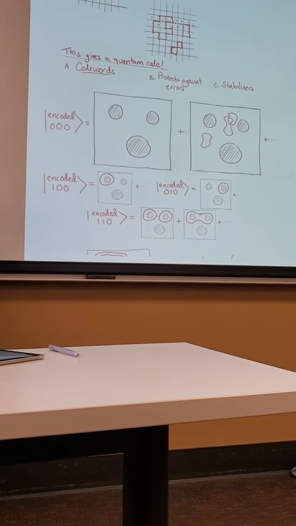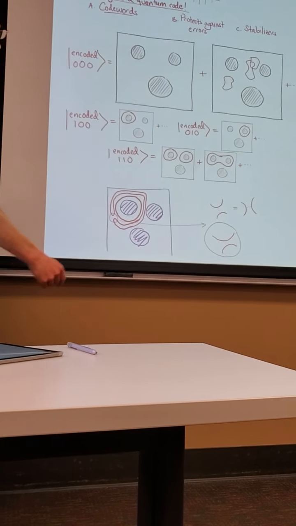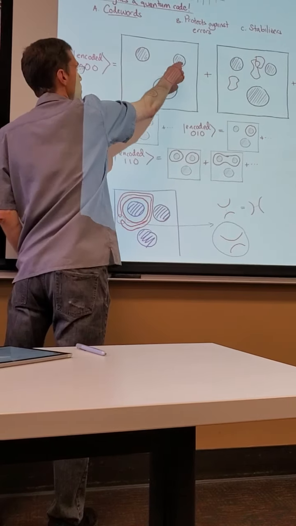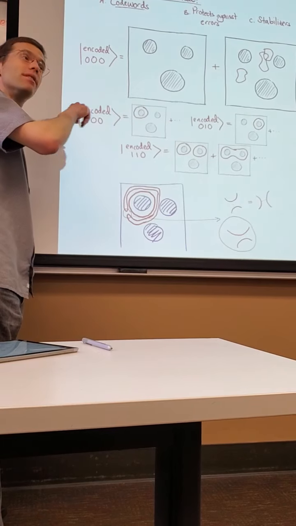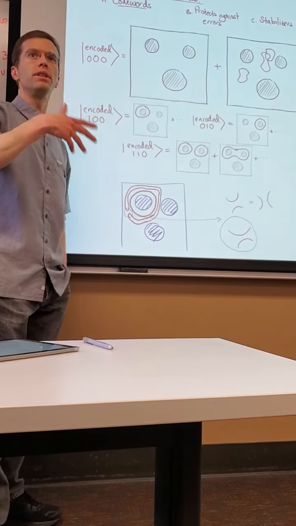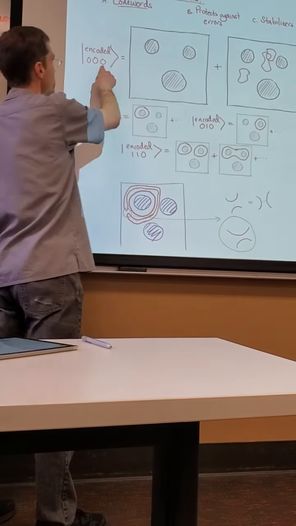All right, so this is my code, and let me show you how we get different encoded states. For example, if I have 3 holes, I claim that this is going to give us at least 3, maybe more, at least 3 encoded qubits. So this is going to be encoded 0, 0, 0.